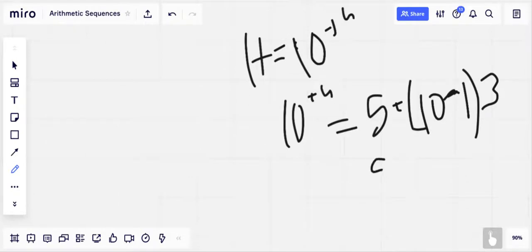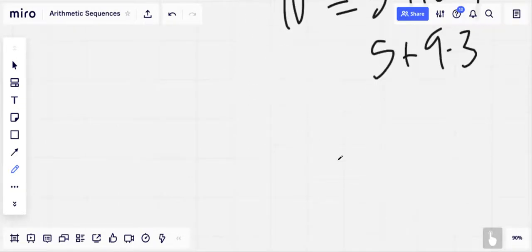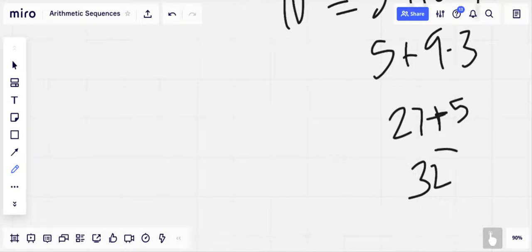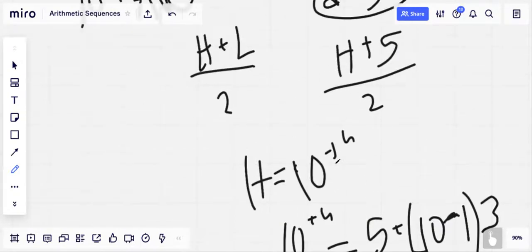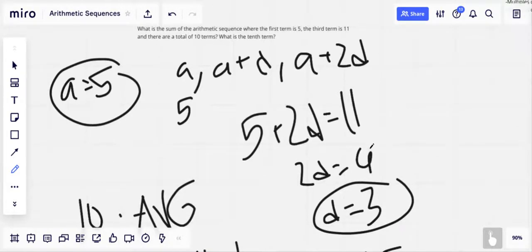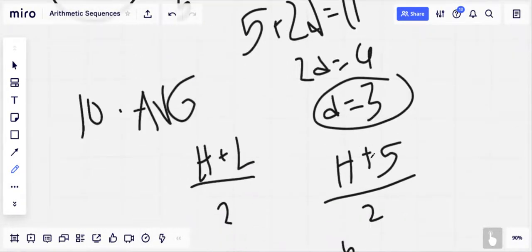So 5 plus 9 times 3. 9 times 3 is 27. 27 plus 5 is equal to 32. So the 10th number is equal to 32. So we actually answered our second part while solving the first part.